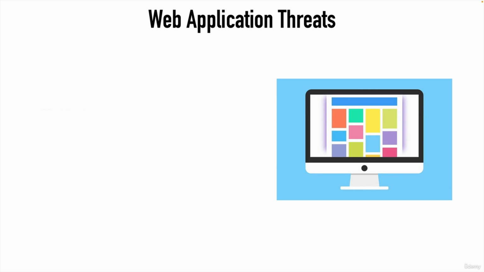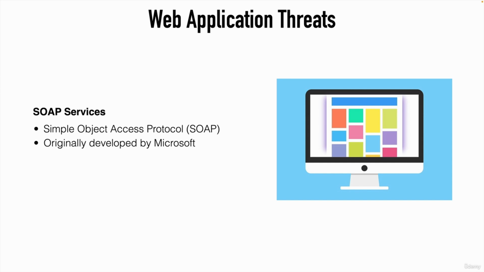We have two general types of web services available. First, we have SOAP web services. SOAP stands for Simple Object Access Protocol. This has been around for a long time, and it was originally developed by Microsoft. This relies on XML, Extensible Markup Language. This operates similar to HTML in that it doesn't actually perform any actions. It just simply identifies information with tags.